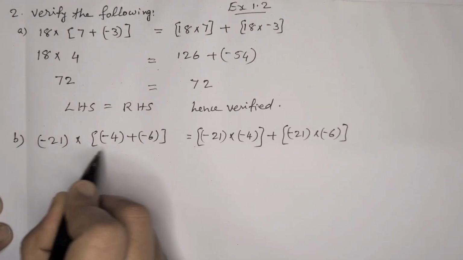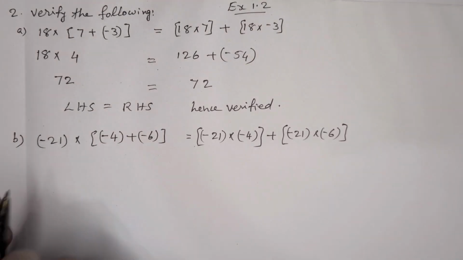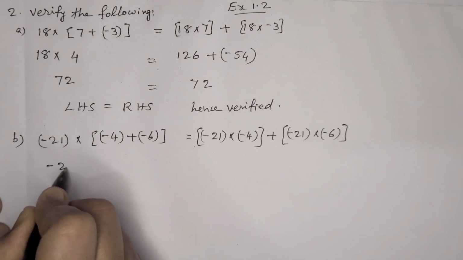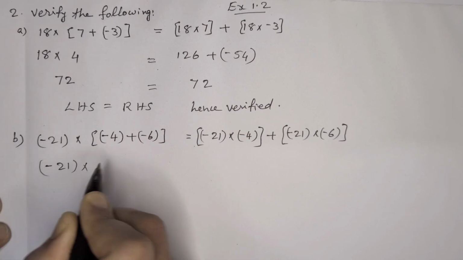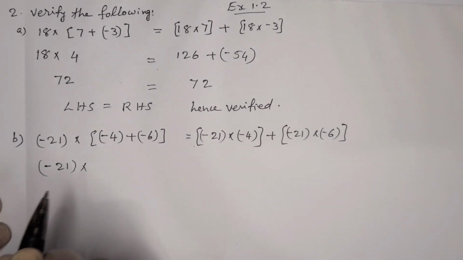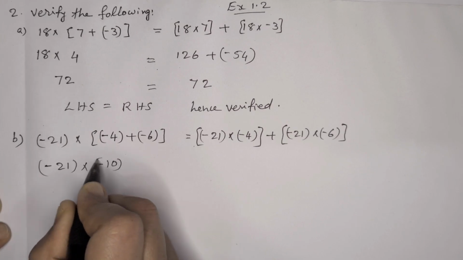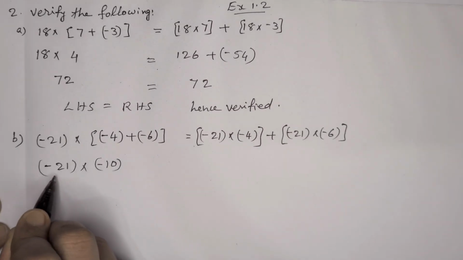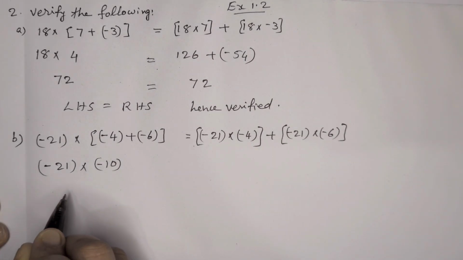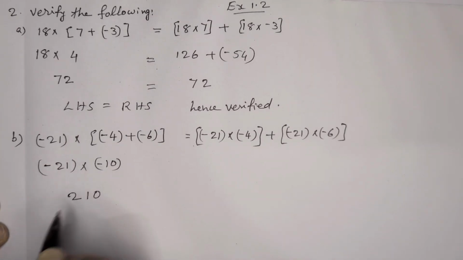B, minus 21 into minus 4 plus minus 6. When we are adding, we will get minus 10. So when we are multiplying minus into minus, that is positive, and 21 into 10, this side we will get 210.